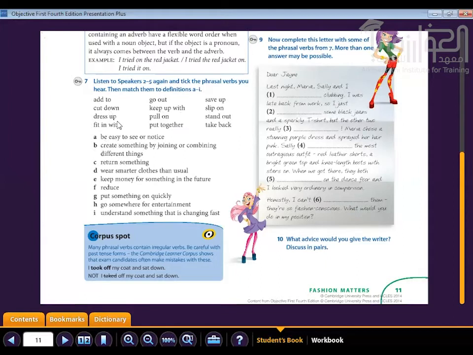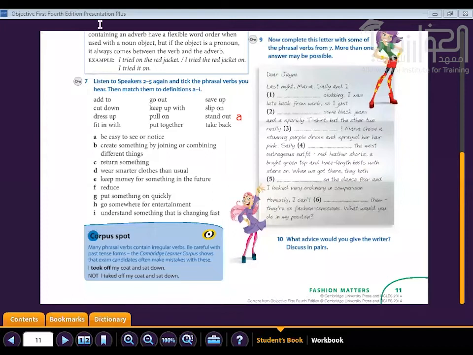So we can see that the answer will be stand out. So this will be the answer, stand out. Let me just type A here. So A, be easy to see or notice, means something that stands out. Now pause the recording for some minutes, complete the rest before you look at the answers.